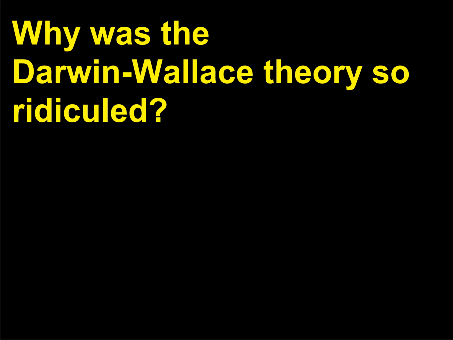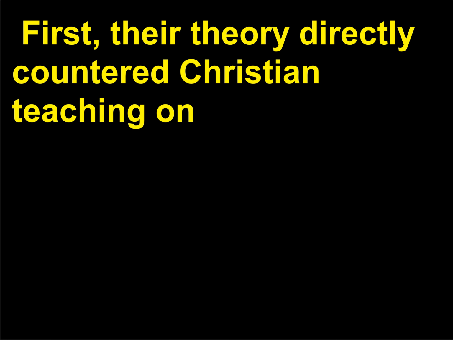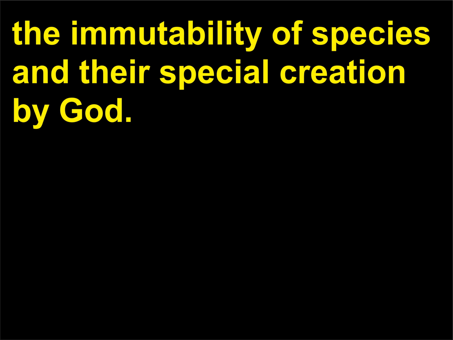Why was the Darwin-Wallace theory so ridiculed? The work of Darwin and Wallace generated controversy on at least two fronts. First, their theory directly countered Christian teaching on the immutability of species and their special creation by God.